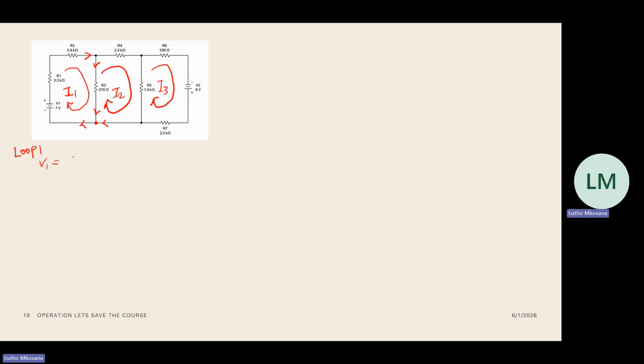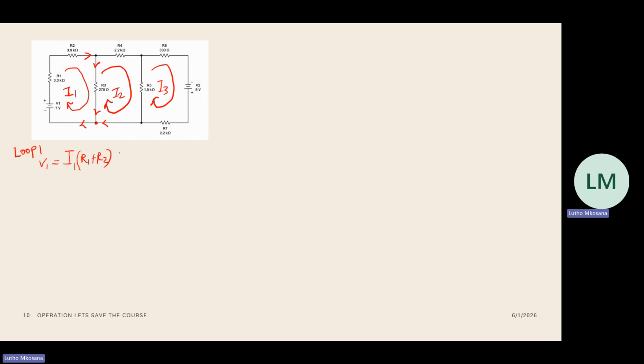So those two are in series. So we have I1, if there's a voltage across there, the sum of it is that same current multiplied by R1 plus R2.